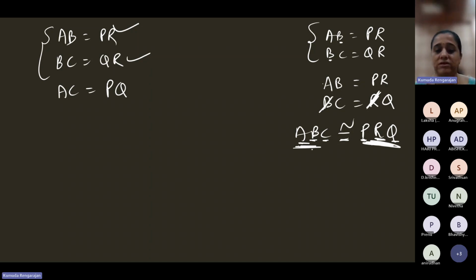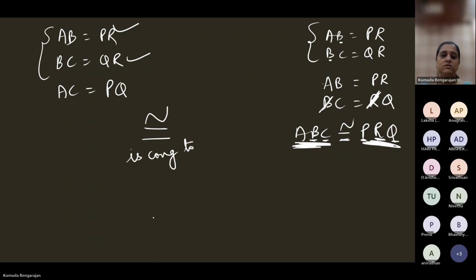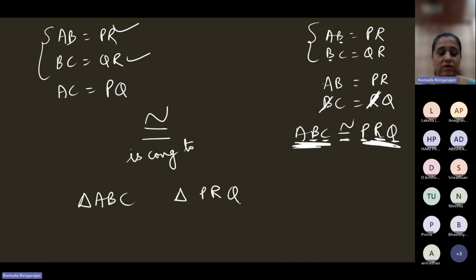Okay, now children. So this is the symbol for congruency. This one stands for is congruent to. Triangle ABC, triangle PRQ. When you write the symbol in the middle, triangle ABC is congruent to.